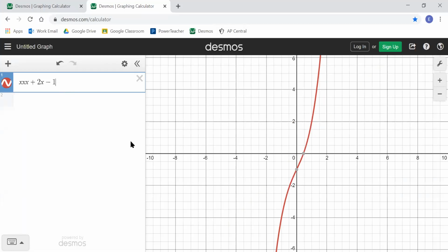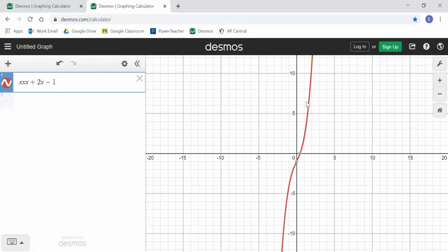Okay. And so we're interested in the slope of the line that goes through -1 and 2. So I'm going to shrink this down a little bit so I can see where it hits at 2. We should be able to use this formula to figure out that slope.